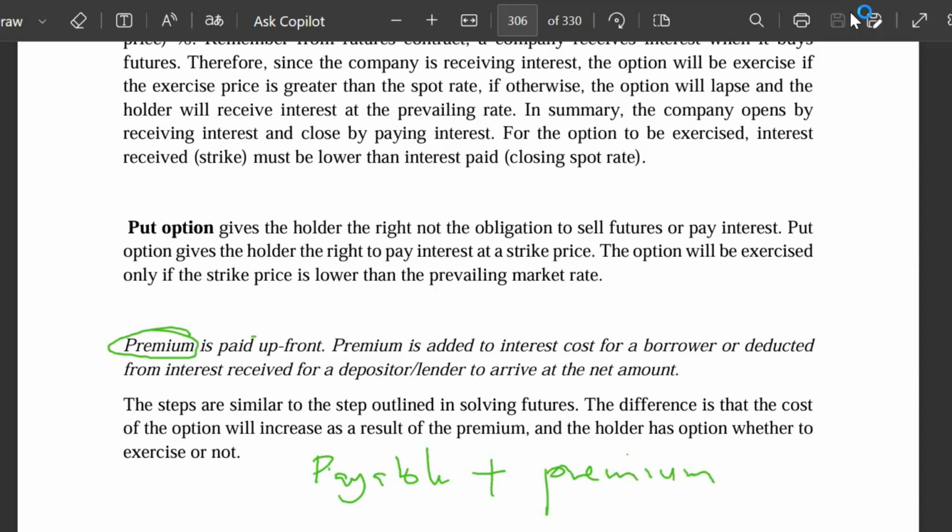But if the company is expecting to receive, if the contract is a receivable, then you will deduct the premium. For a receivable, the premium will reduce the net amount the company will receive on the transaction date, while for a payable, the premium will increase the amount the company will need to pay.